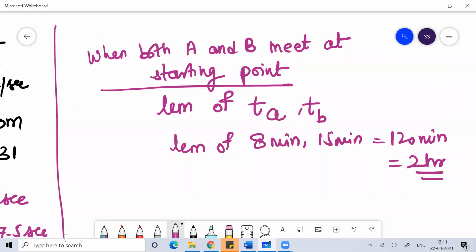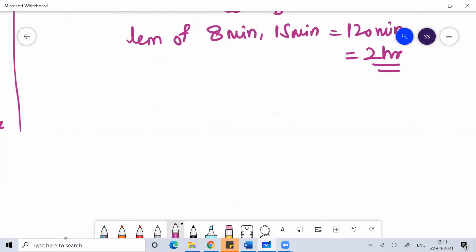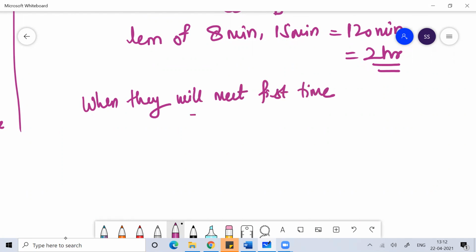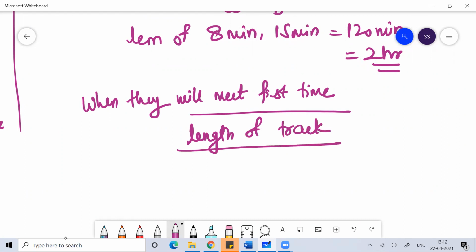When they meet for the first time, you take the length of the circular track and divide by the relative speed between A and B.